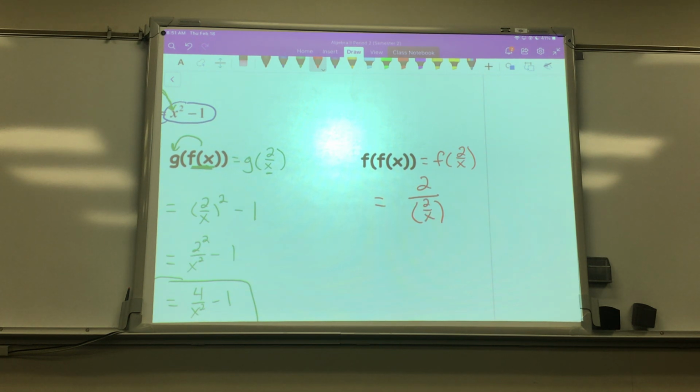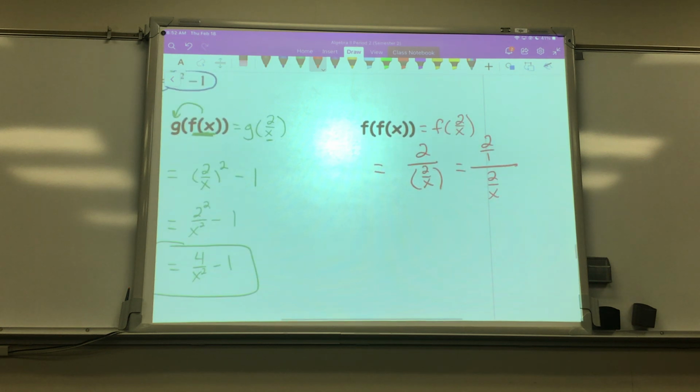Now, do you think I want you to leave it as a complex fraction like that? No. So one thing I think makes things easier for you guys to see, I can write 2 as 2 over 1, correct? And a fraction bar is just division. In dividing fractions, you are multiplying by the reciprocal, so 2 over 1 times the reciprocal of that 2 over x, which is x over 2, correct?